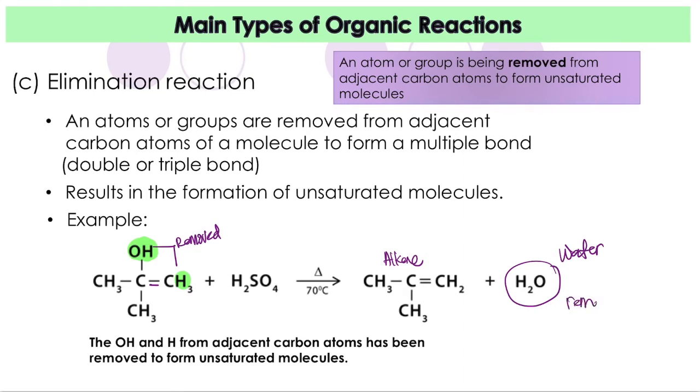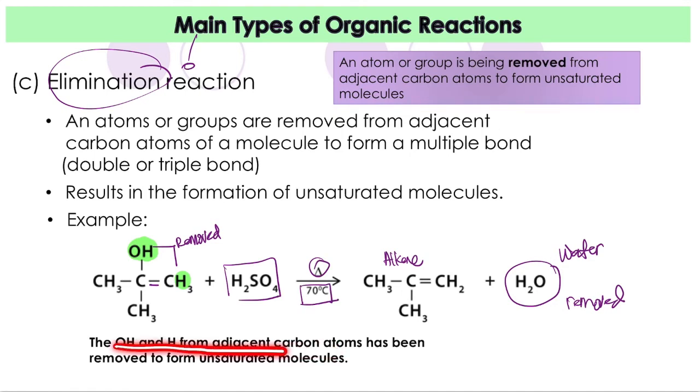So bila kita lihat di sana, OH and H will be removed from adjacent carbon atoms, okay, to form 1 mole of water. And this will form unsaturated molecules. So this is what elimination reaction is.